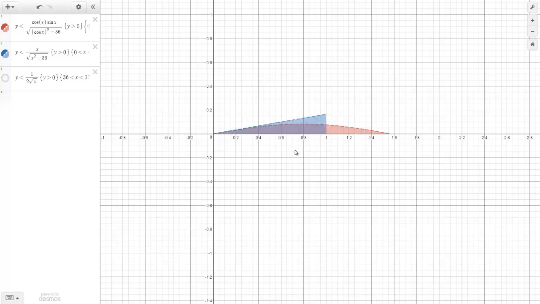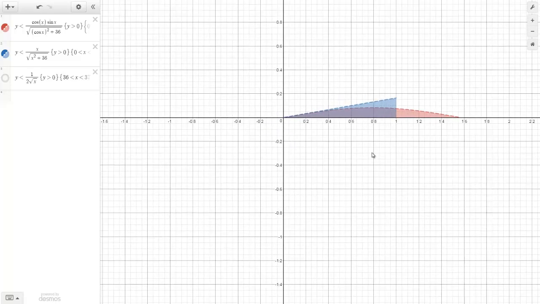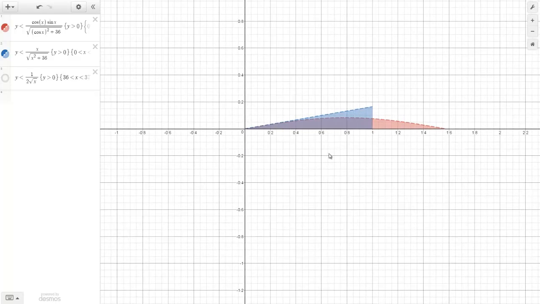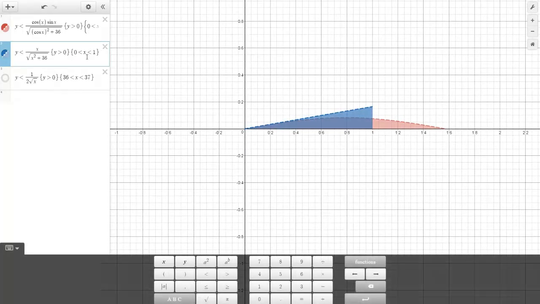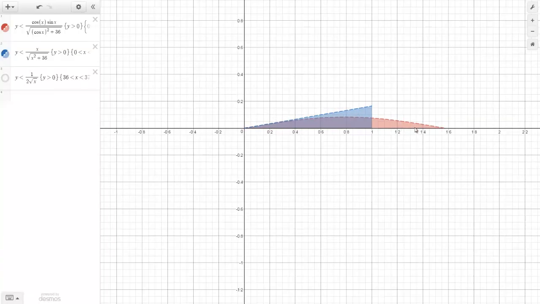And this is what it looks like. We're going to look at this one from 0 to 1 instead of the original function from 0 to pi over 2. But it's going to have the exact same integral as the red function. So this blue shaded area is exactly the same as this red shaded area.